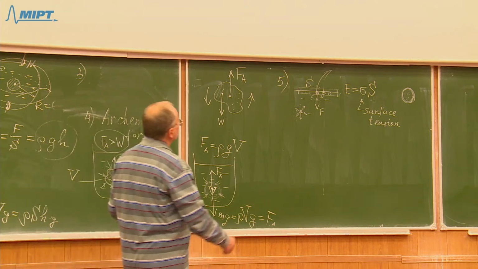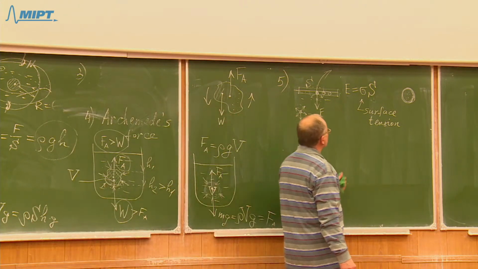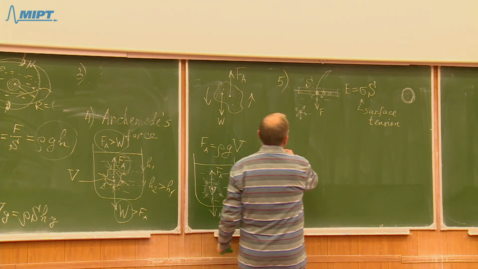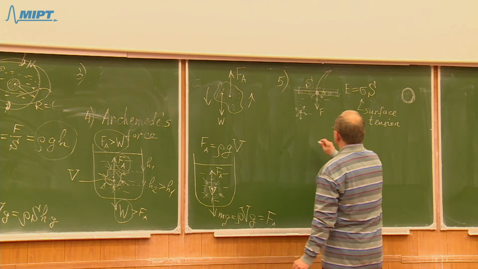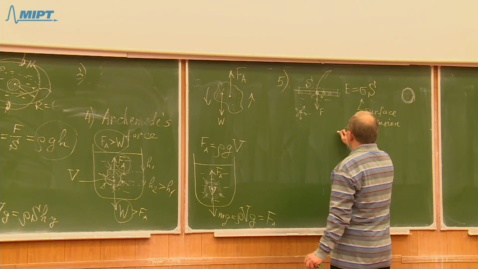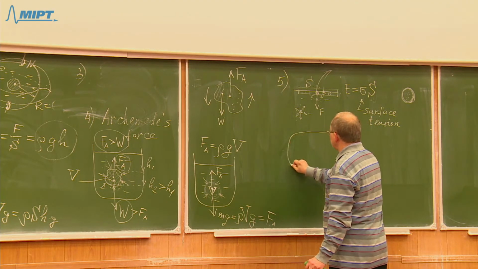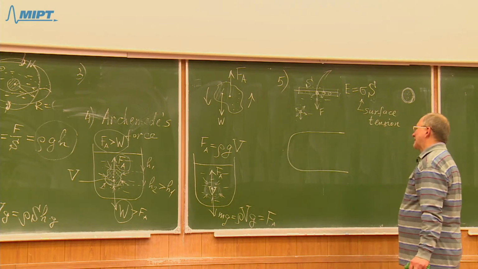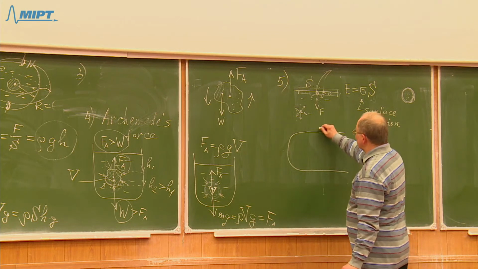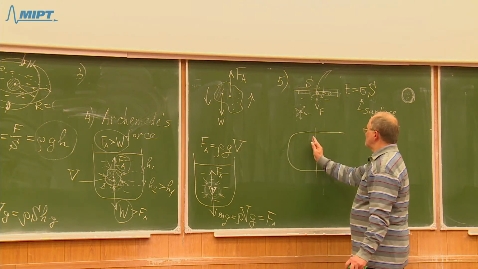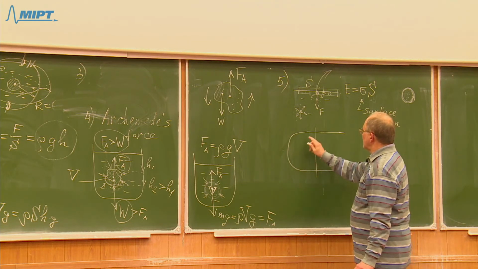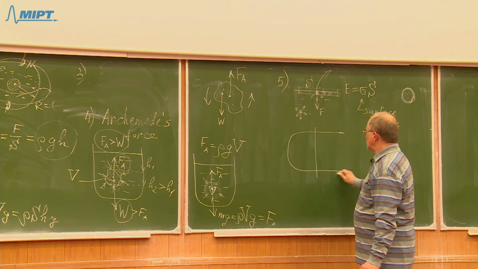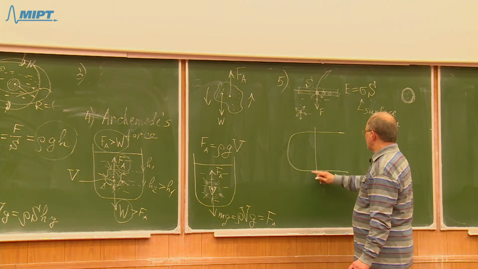Another effect related to surface tension is as follows. We take a U-shaped wire and another piece of wire which is called a jumper. This piece of wire can freely slide along the ends of the U-shaped wire.